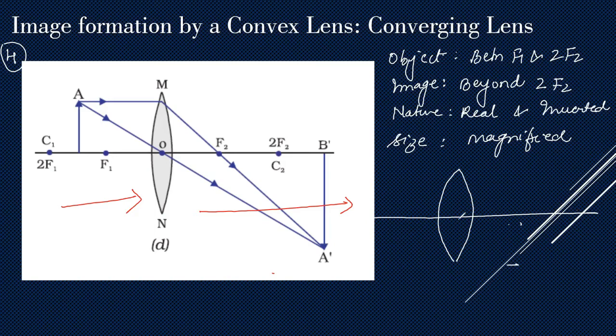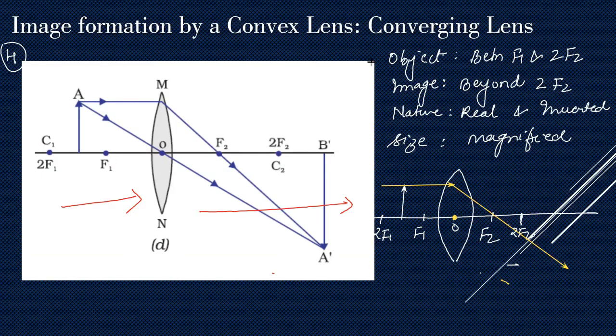So let us try to draw this. Lens, principal axis, f1 to f1, f2 to f2, right? So I'll keep my object AB between f1 and 2f1. Take one ray, again parallel to principal axis, passing through focus, another ray passing through the optical center, so we have to take it passing through optical center, right?